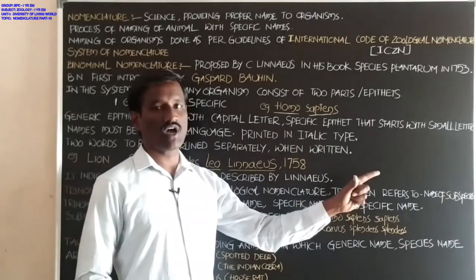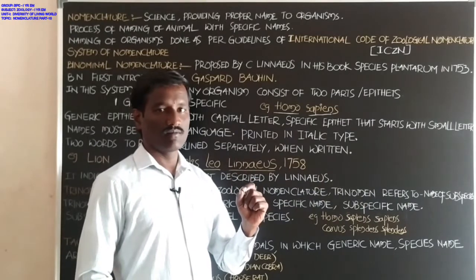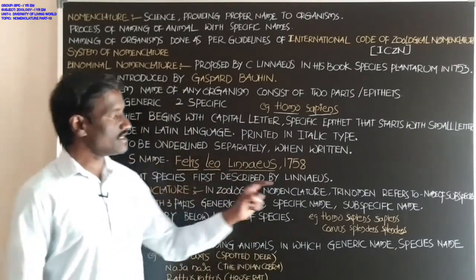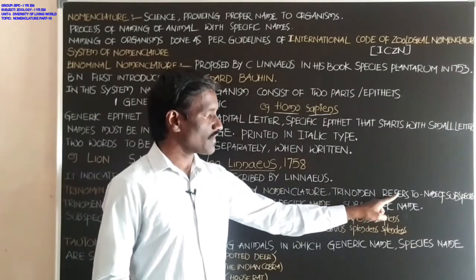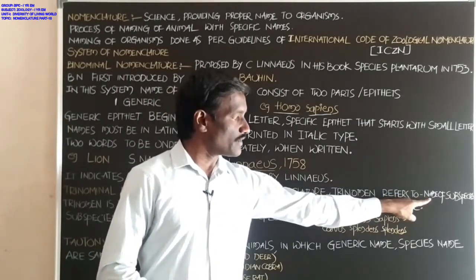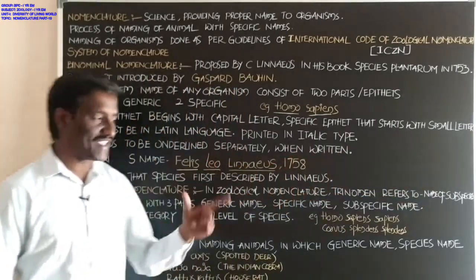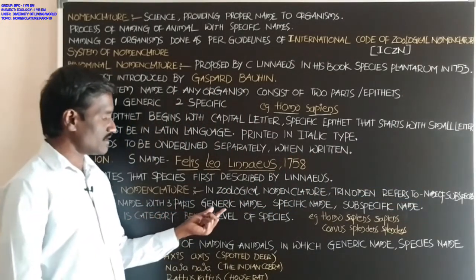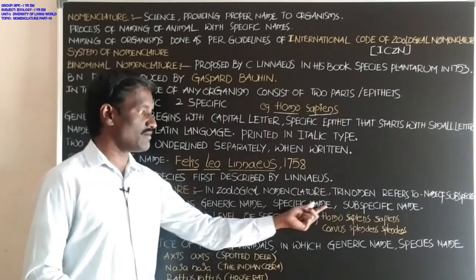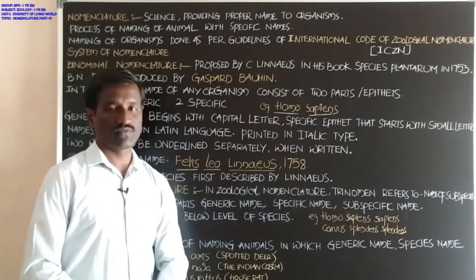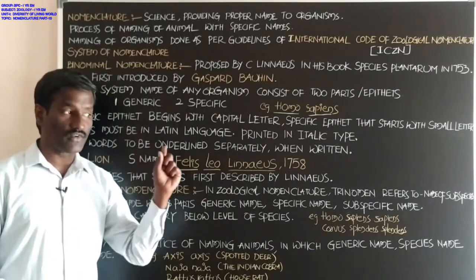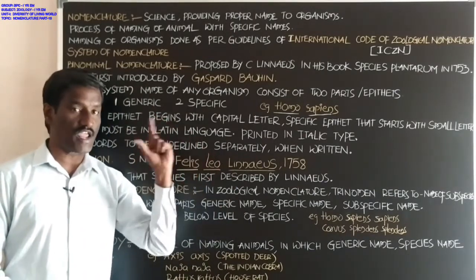Students, a trinomial is named with three parts: generic name, specific name, and subspecific name.